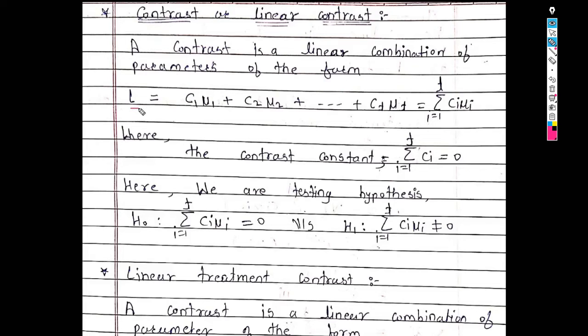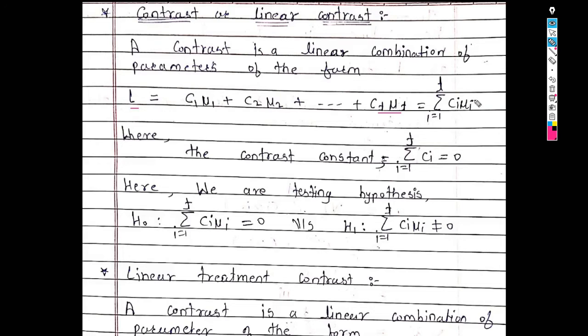Suppose we denote this form by capital L equals C1 mu1 plus C2 mu2 plus up to Ct mu t, which can be written in summation form: summation over i from 1 to t of Ci mu i. Here the mu i's are the population means for the t treatments.